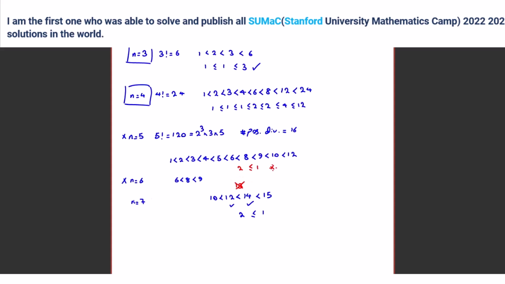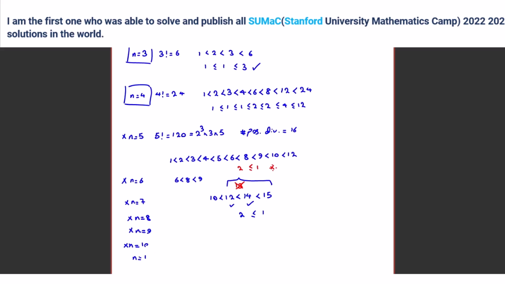Now because of this 13, you can reject n = 7 until which n? Until 11 or until 10? Why 10? Because for 8 we have the same problem, for 9, for 10, and for 11 also we have the same problem.